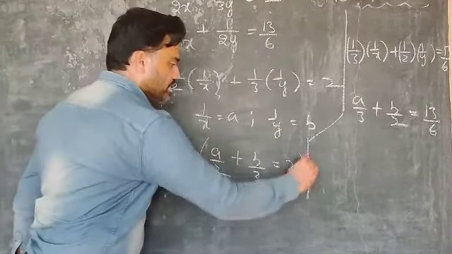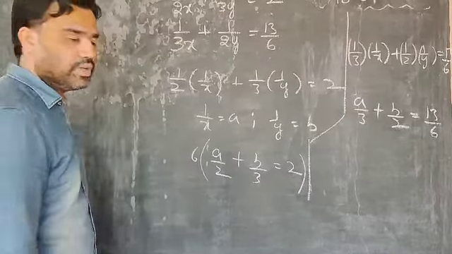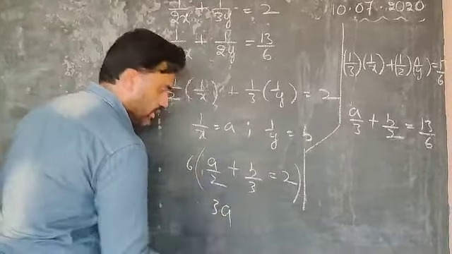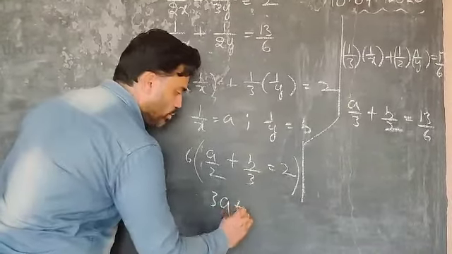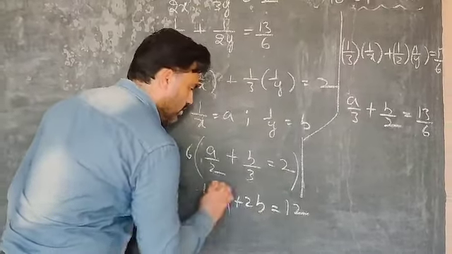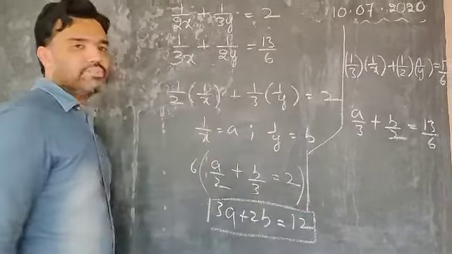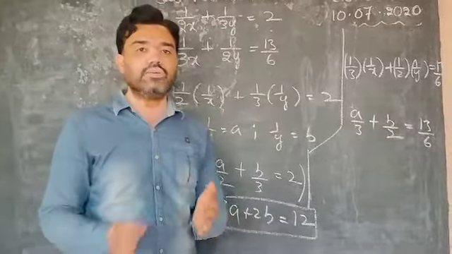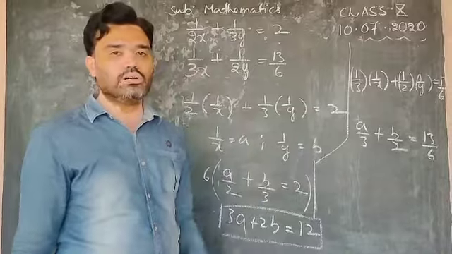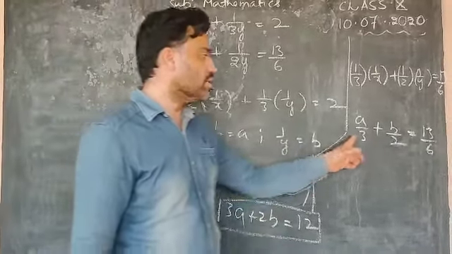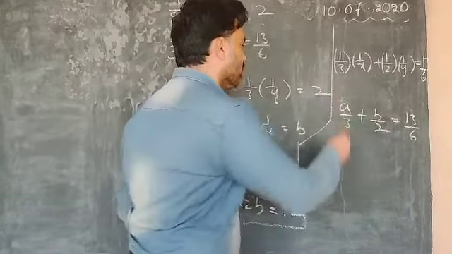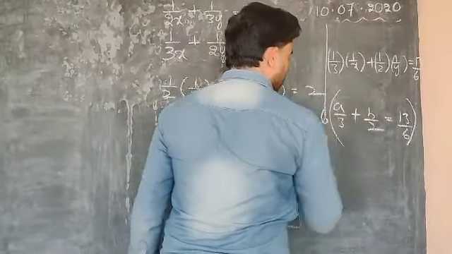Therefore, the whole equation is multiplied by 6, the LCM. LCM into the first fraction, 2 3s are 6, therefore 3a. 3 2s are 6, therefore 2b. 6 into 2, 12. So this is the first equation. Means we have reduced the given equations into linear equations, and after that we know how to solve the problem. So now what is the LCM of 3, 2, 6? Okay, the second equation, 6. Very good. Therefore the whole equation is multiplied by 6.